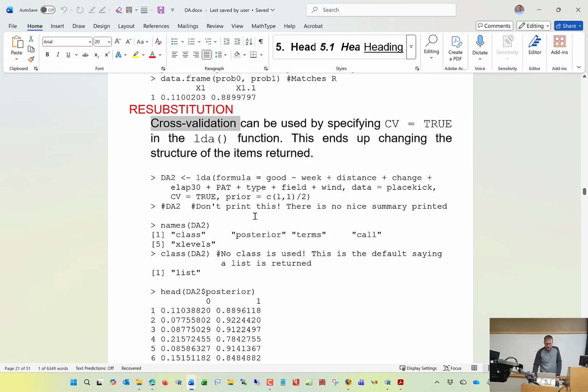Now, another way to do all this is through what's called cross-validation. So if I wanted to predict what the grouping should be for observation 1, what I could do is simply remove observation 1 temporarily from the data set, do all the exact same calculations I just did, and figure out, is this predicted to be a success or a failure?